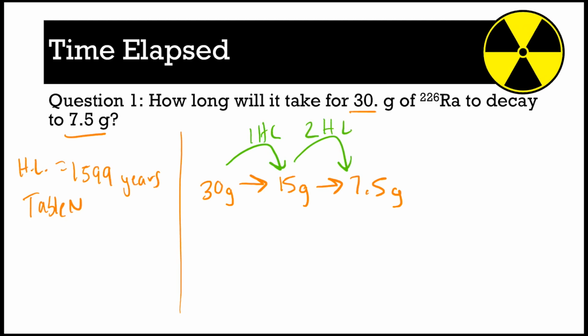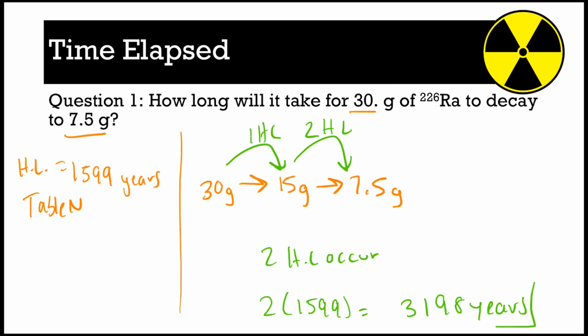If we know 2 half-lives occur, and that one half-life is 1599 years, 2 half-lives is 2 times 1599, which gives you 3,198 years. And that's it.